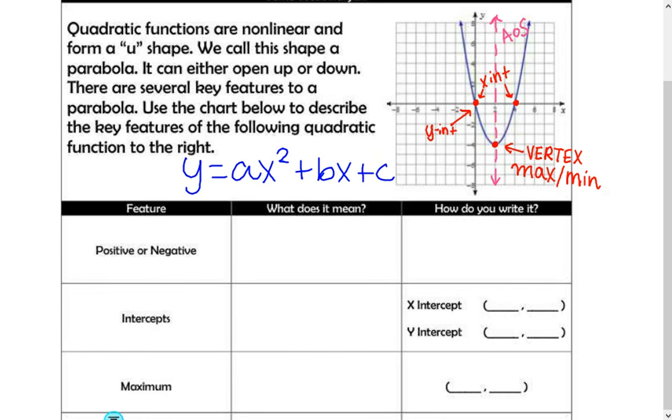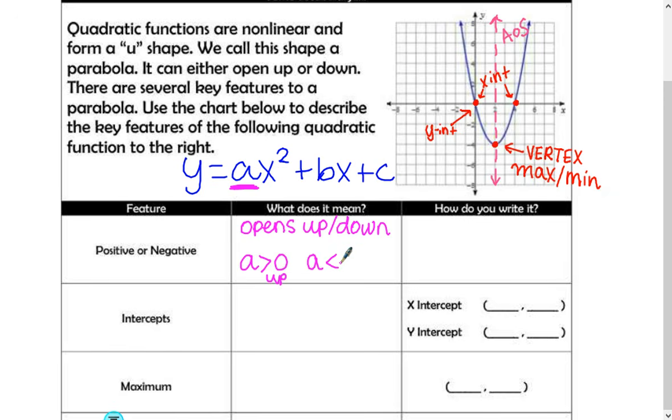All right, so first thing, positive or negative. So what does it mean? Basically, it means if it opens up or down. So if the value of this a right here, if a is positive or greater than 0, then it's going to open up.